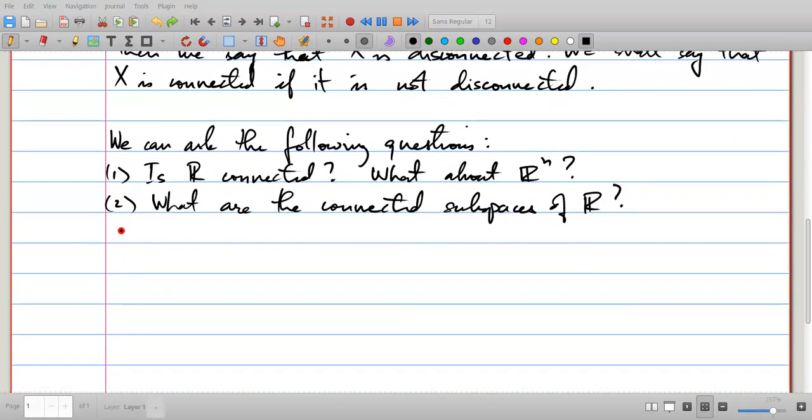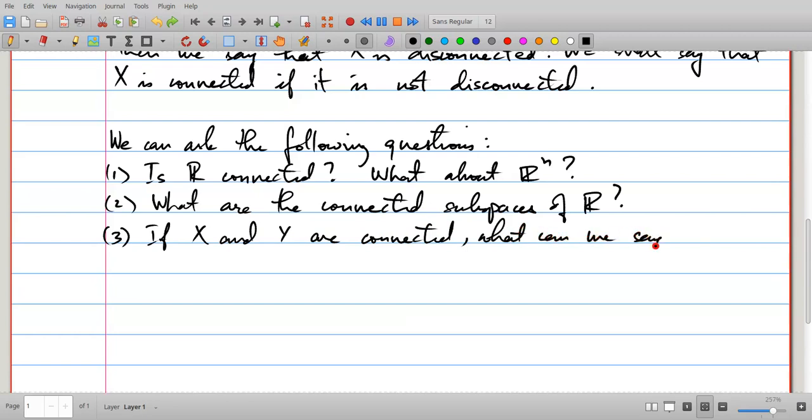Okay, if X and Y are connected, then what can we say about the product? Is the product connected? Then we saw several examples of topological spaces, in fact of topological groups.